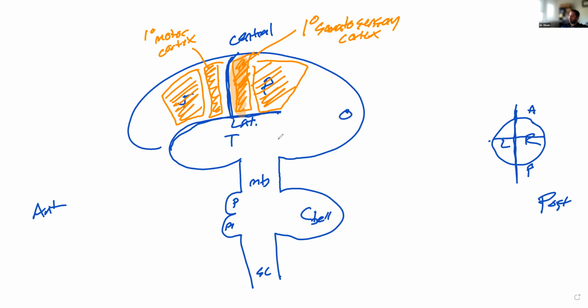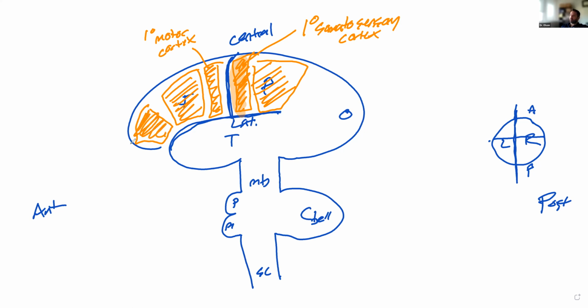And then you'll have to communicate with your motor side of the brain. So all these are association fibers, and they're all processed as well in association areas that are relative to their primary cortex.